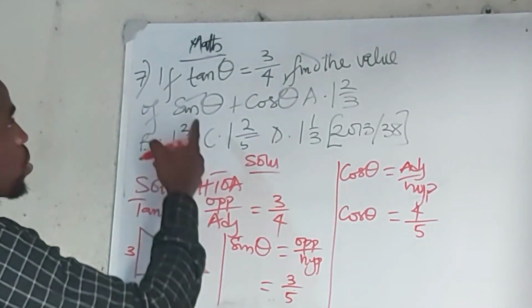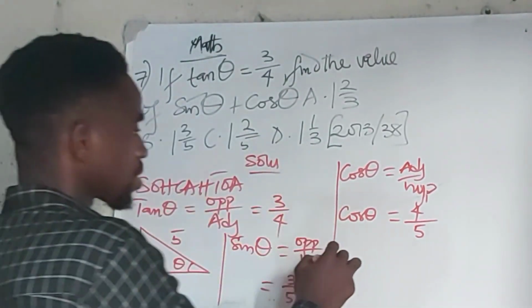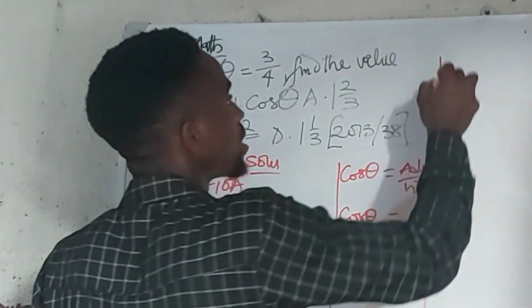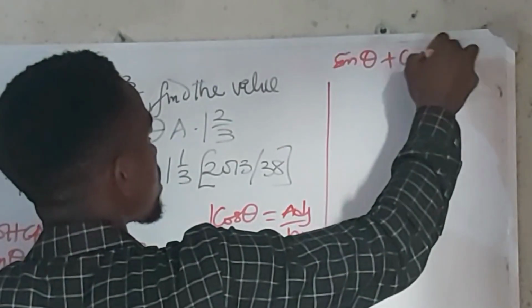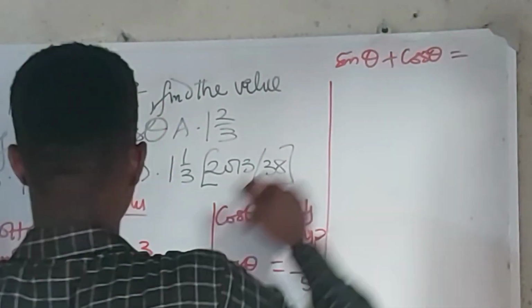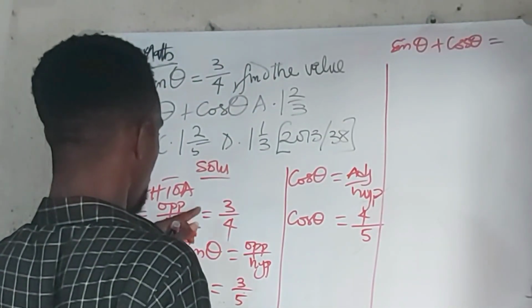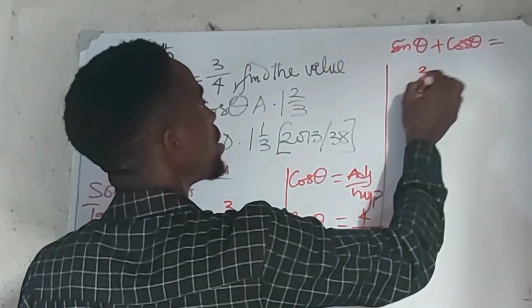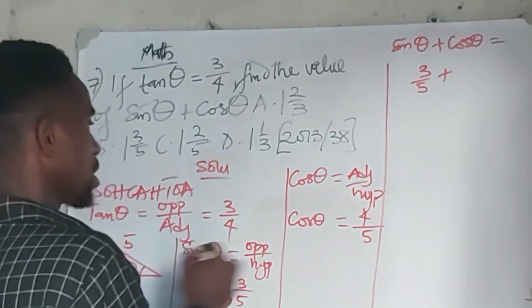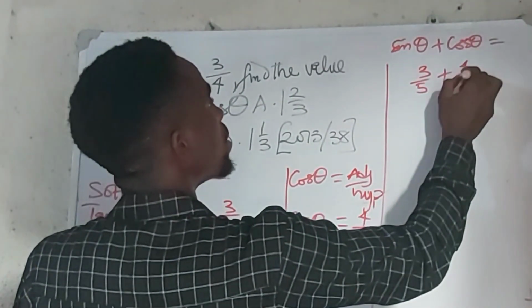So we are told to find sin theta plus cos theta. So we now say that sin theta plus cos theta is going to be sin theta is 3 upon 5, plus cos theta is 4 upon 5.